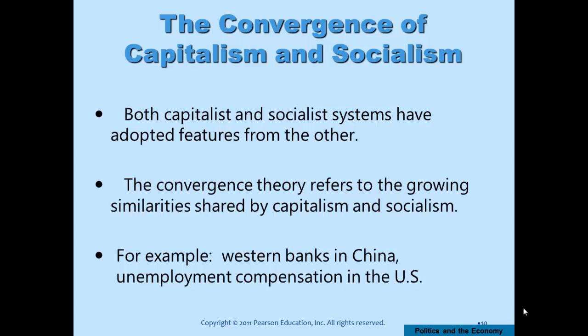There's a theory that says that really what's going on around the world is that the capitalist and socialist systems are adopting features from the other, and this is called convergence theory.